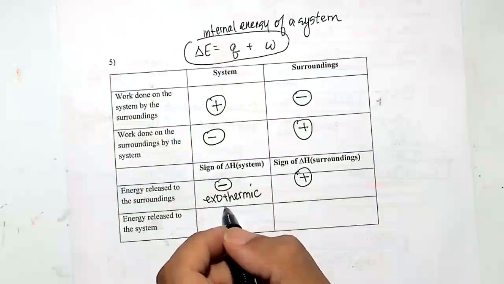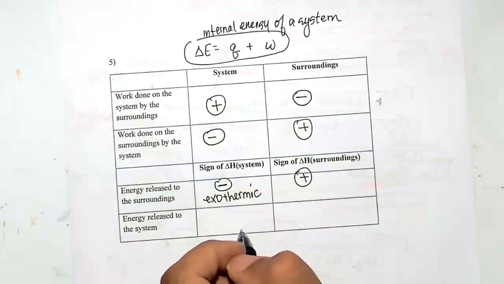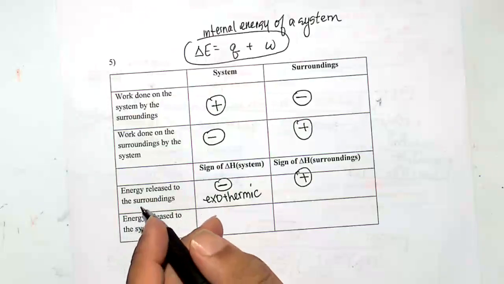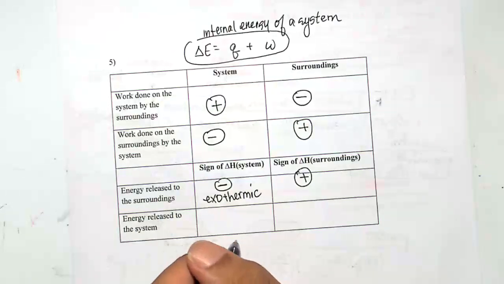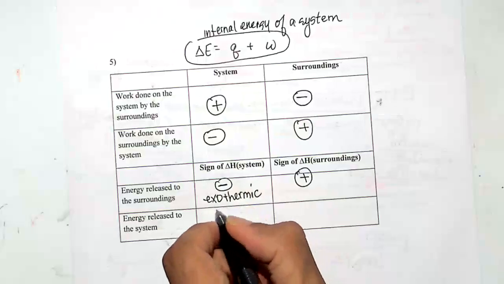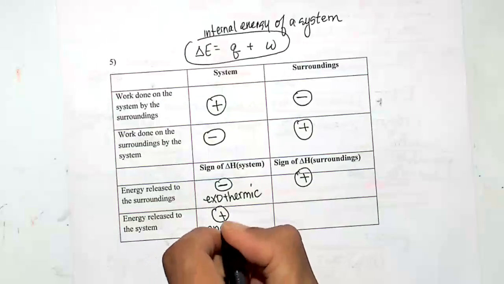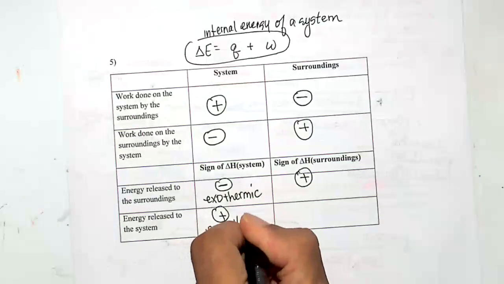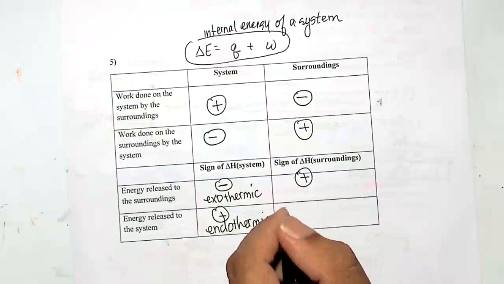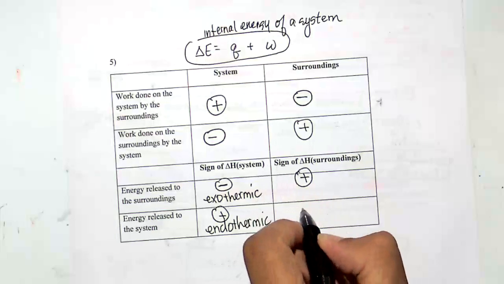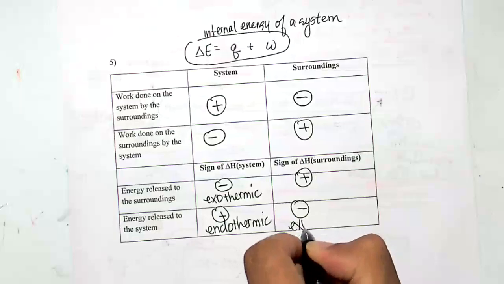So relative to the system, this is exothermic. What happens if heat goes into the system? Positive. And who gives the heat to the system? Surroundings, so that would be negative.